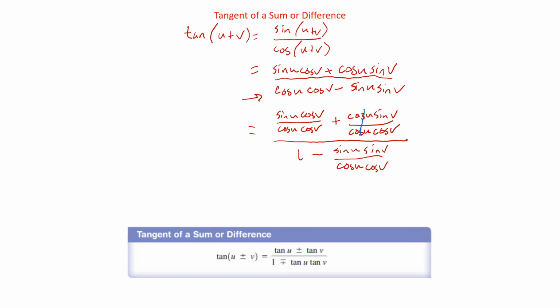We had cosine u's here, we had cosine v's there, and then everything else forms tangent. We have tangent of u, tangent of v, and this one would be tangent u times tangent v. This sign right here switches because it comes from cosine. So notice that this sign down here has switched because, again, from the cosine.